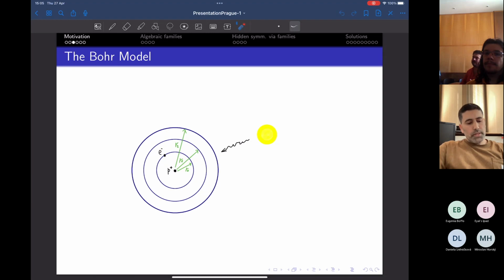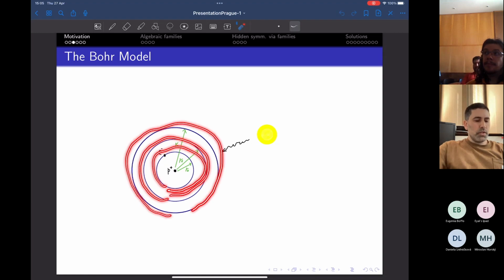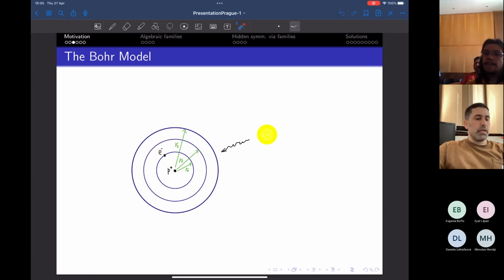So Bohr's idea was that there are only certain allowed radii, and not only that, there are only discretely many, countably many radii, there is a minimal one, the smallest one. And the smaller the radius, the smaller the energy. It's a more stable state. So the electron or the system would prefer to lie on the closest orbit or the smallest radius.